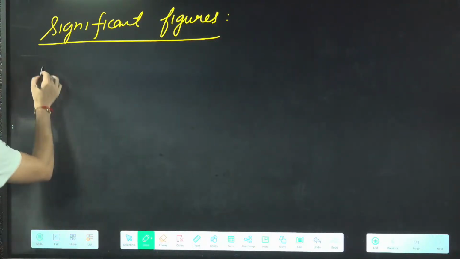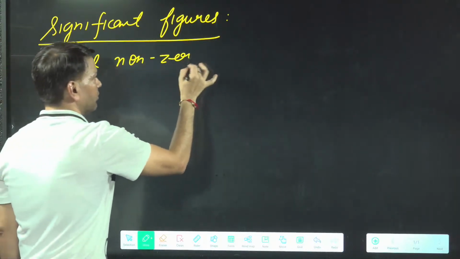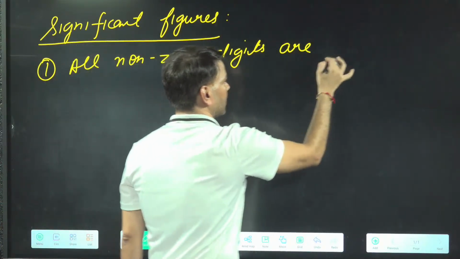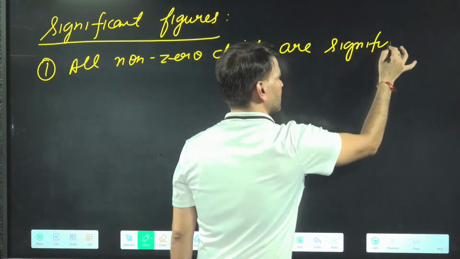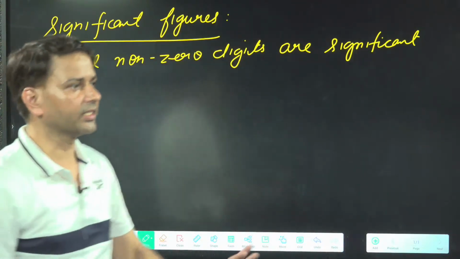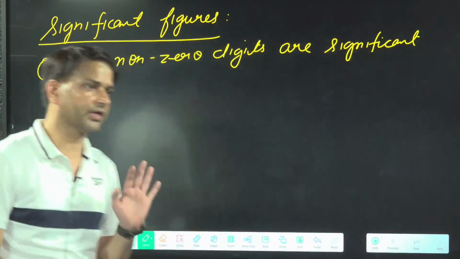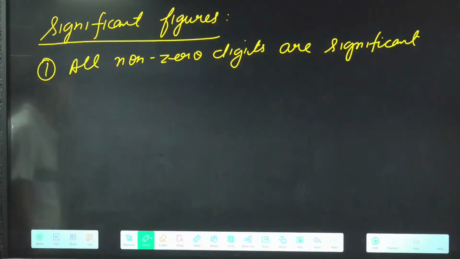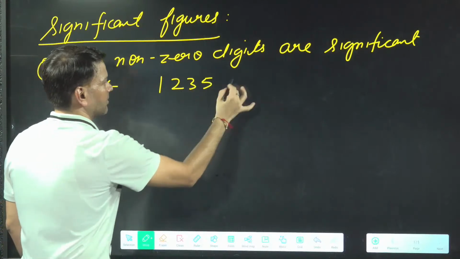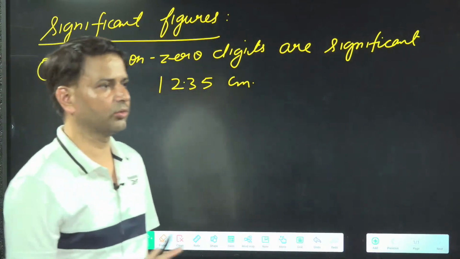So the first rule is: all non-zero digits are significant. If any data contains non-zero digits, all non-zero digits we take as significant. Like 1, 2, or a decimal also you can put, say 12.35.